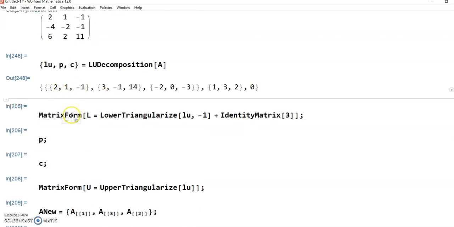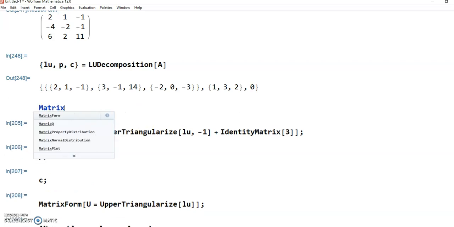So anyway, now we can see the matrix form for this LU. In this case the matrix form LU is this.